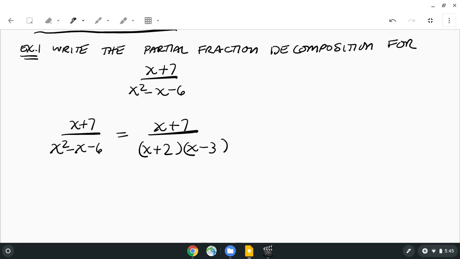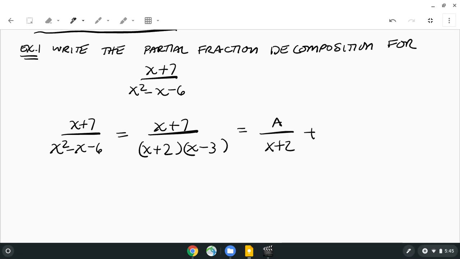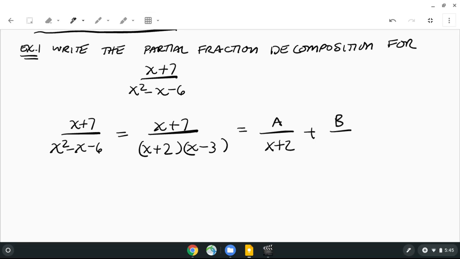Now that we have the denominator factored out, we can determine our setup. We know our setup is going to be a over x plus 2 plus b over x minus 3. That's going to be our setup, and we're going to need to solve for a and b.